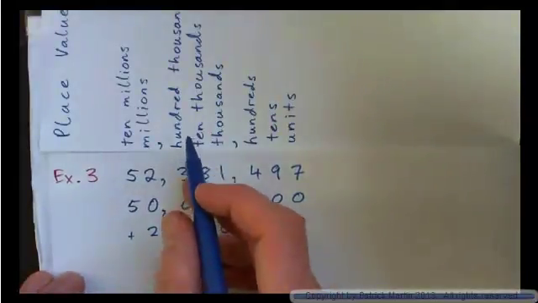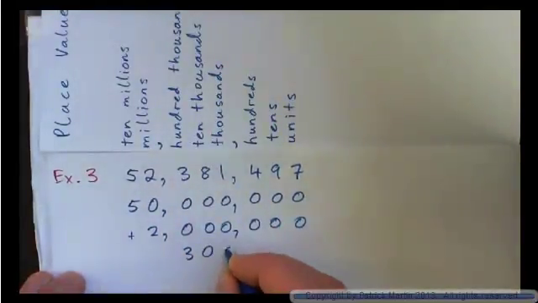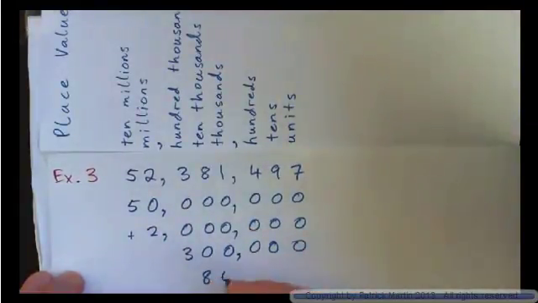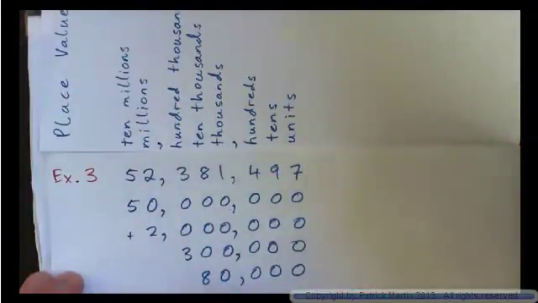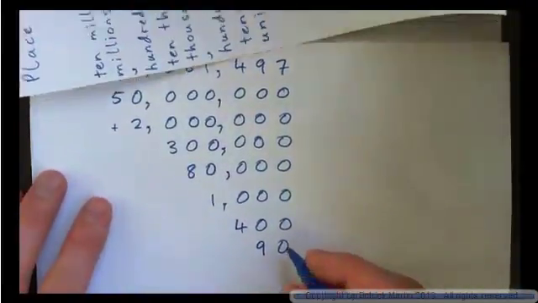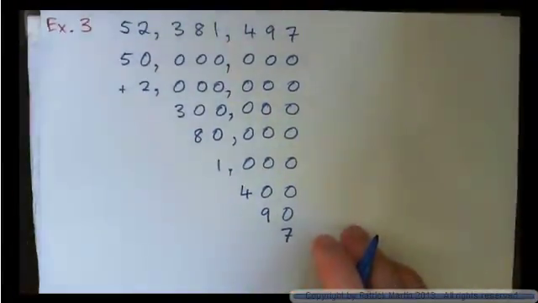The 3 is 100,000, so that would be 300,000. The 8 is 10,000, so 80,000. The 1 is thousands, so 1,000. The 4 is hundreds, so 400. The 9 is tens, so 90. And the 7 is units, so 7, right?